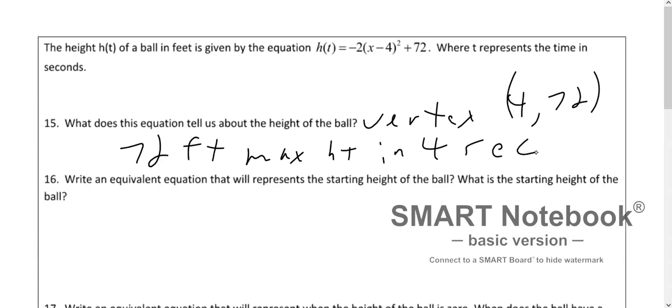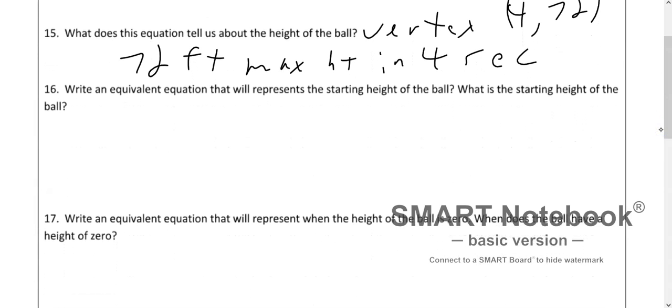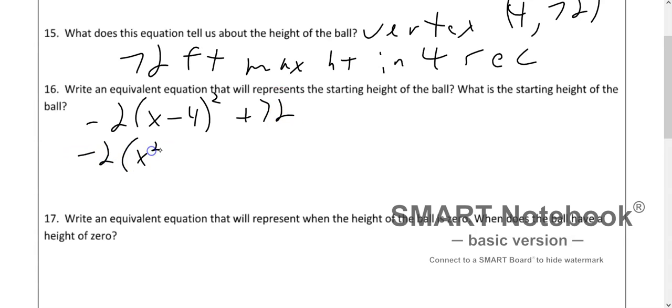Write an equivalent equation that represents the starting height of the ball, and what is the starting height. So in other words, we have to turn that into standard form. Okay? So we need to do the math. Negative 2 times x minus 4 squared plus 72. So if we square x minus 4, we get x squared, multiply and double, negative 8x plus 16, plus 72. Now distribute the negative 2.